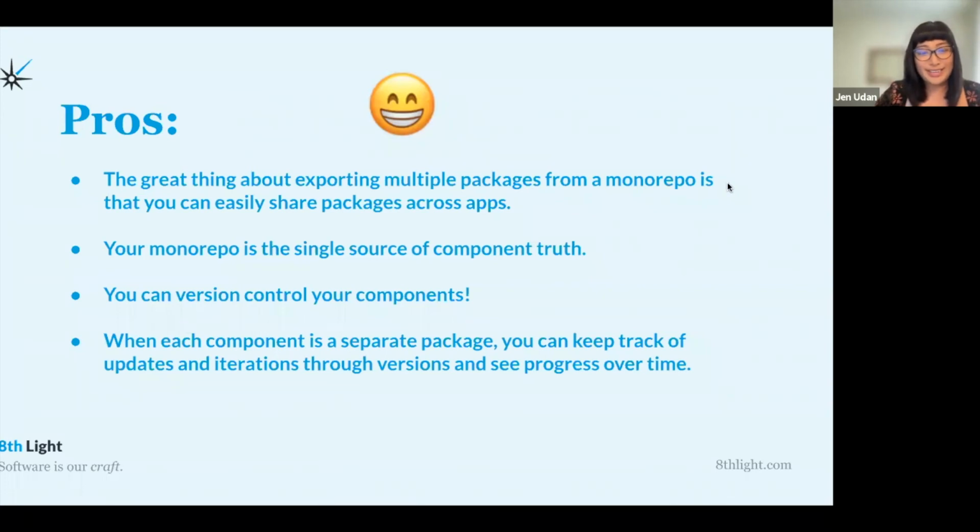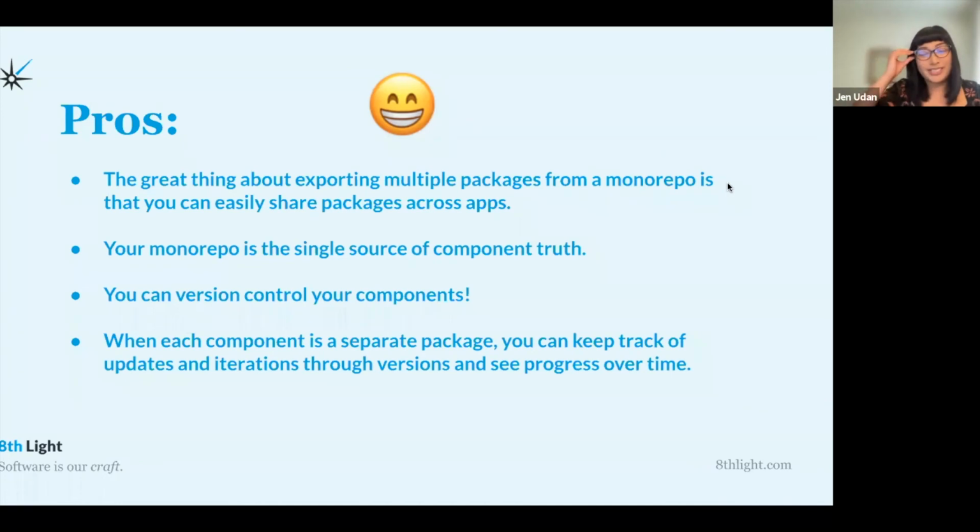Another benefit is that you can version control your components, which is kind of a novel idea, or at least it was to me. I wasn't used to having different versions of components before, because I've usually worked on projects that are a single app, and you only have one component library and you only need one type of component. You update it whenever it's needed, and you're done.